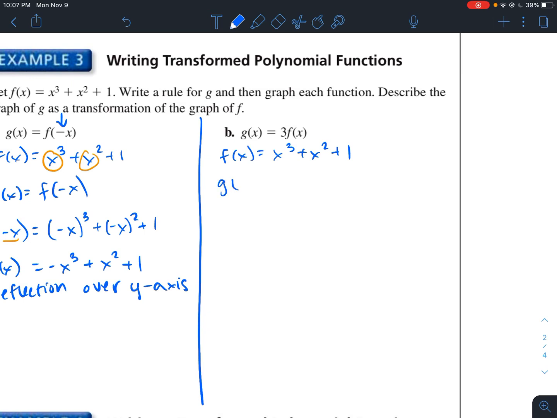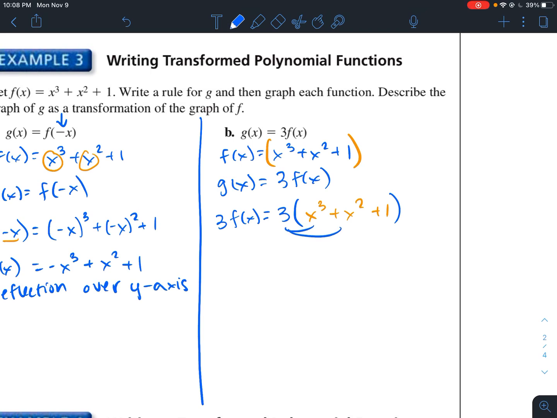and g of x is equal to 3 times f of x. Remember that f of x is equal to this right here. 3 times x cubed plus x squared plus 1.